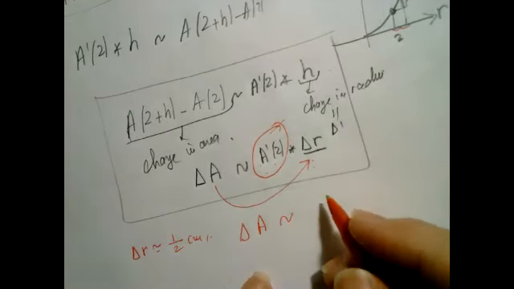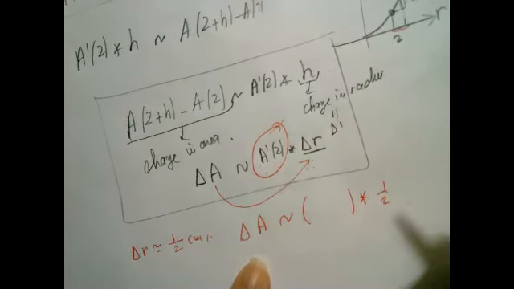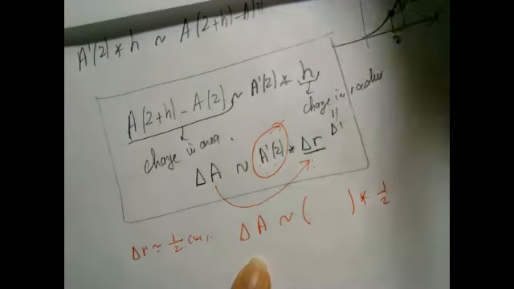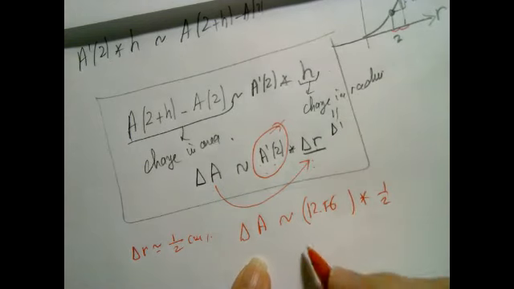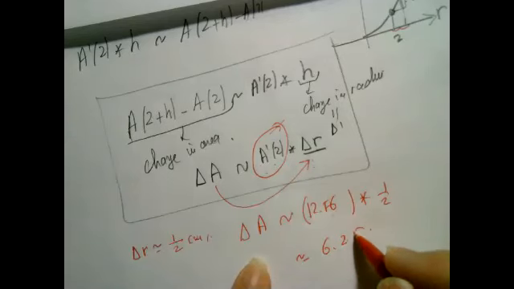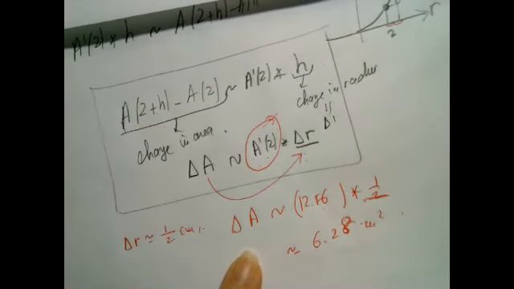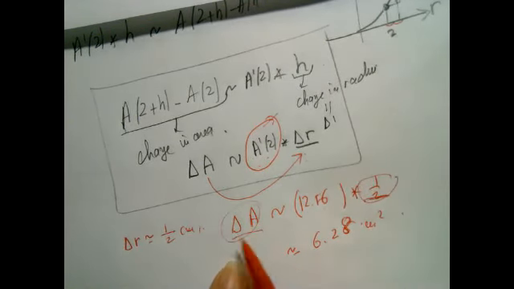So this tells me that the area will change by A prime of 2, which we computed to be 12.56, times a half. So the area will change by almost 6.28 centimeters squared. So if I change the radius by a little bit, by half a centimeter, the area will change by 6.28.